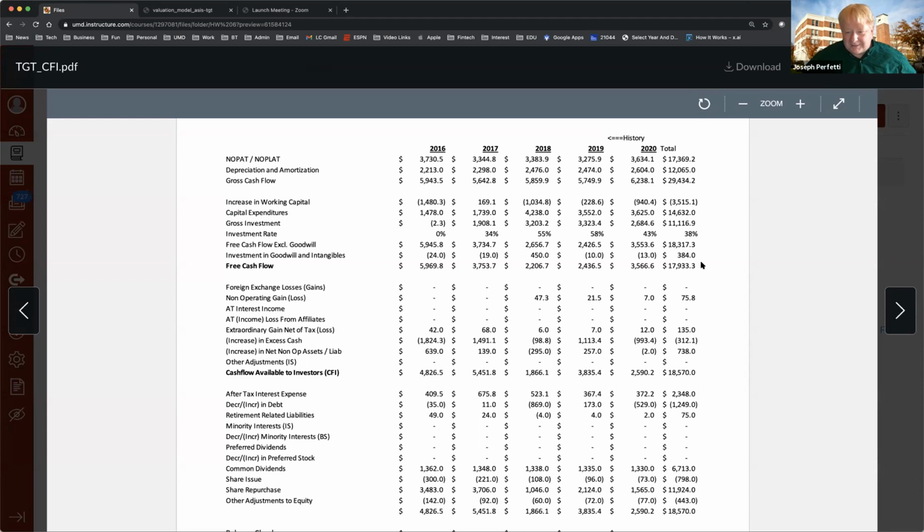So how'd they get 17.933? Well, starting with the income statement, they generated $29.4 billion worth of gross cash flow from the income statement. They reinvested $11.1 billion back in the balance sheet, which averaged a 38% investment rate over the 5 years, generating free cash flow before acquisitions of about $18 billion.